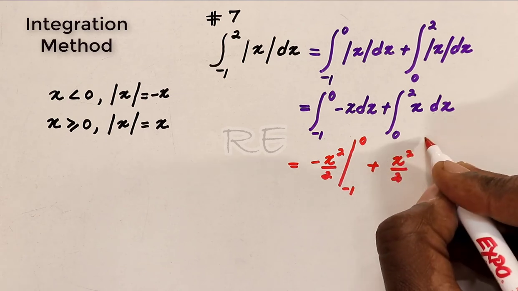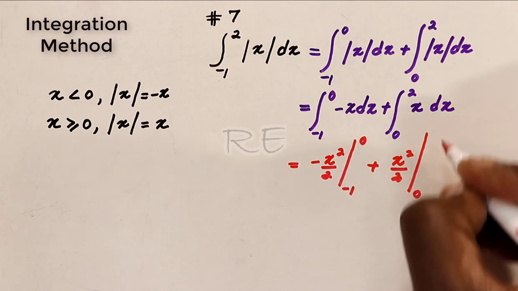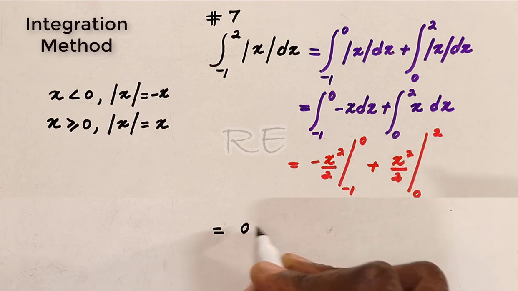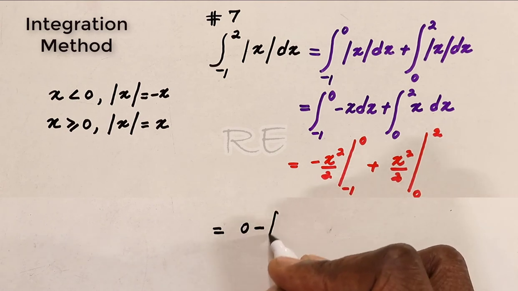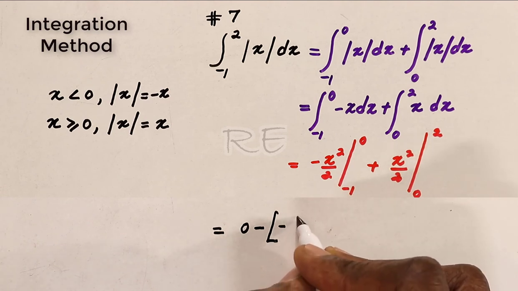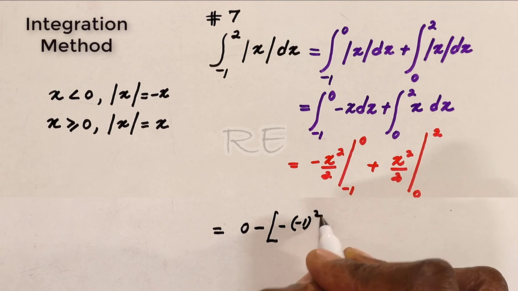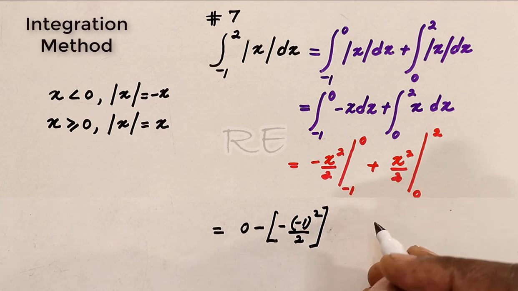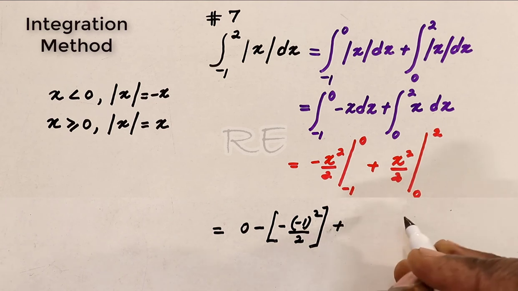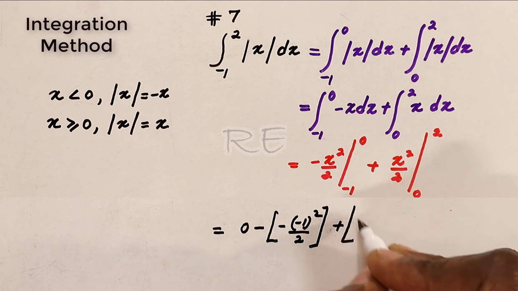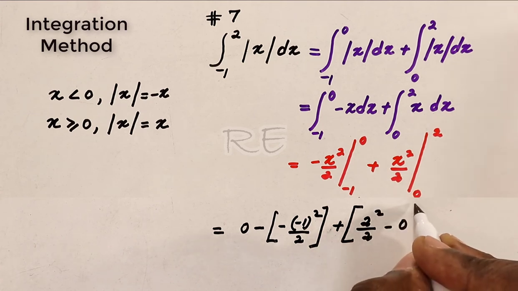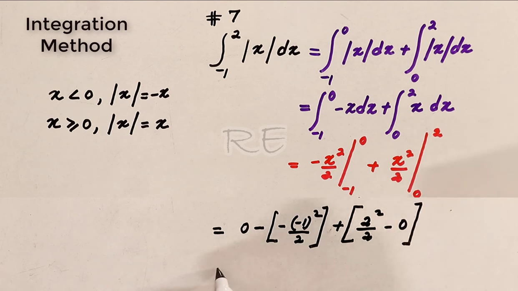For the second integral, it's going to be x² over 2 from 0 to 2, which is 0 minus (-1) squared over 2, plus the upper boundary 2 squared over 2, minus 0, 0 squared over 2.